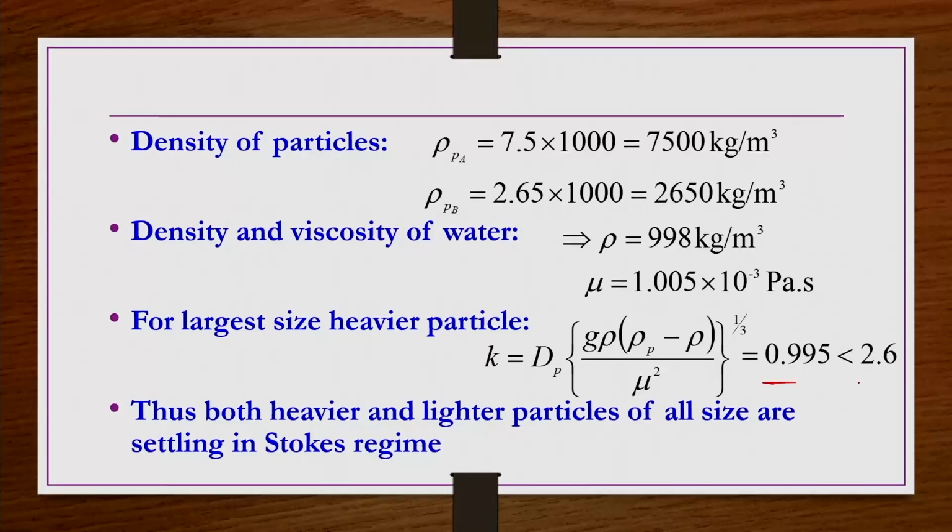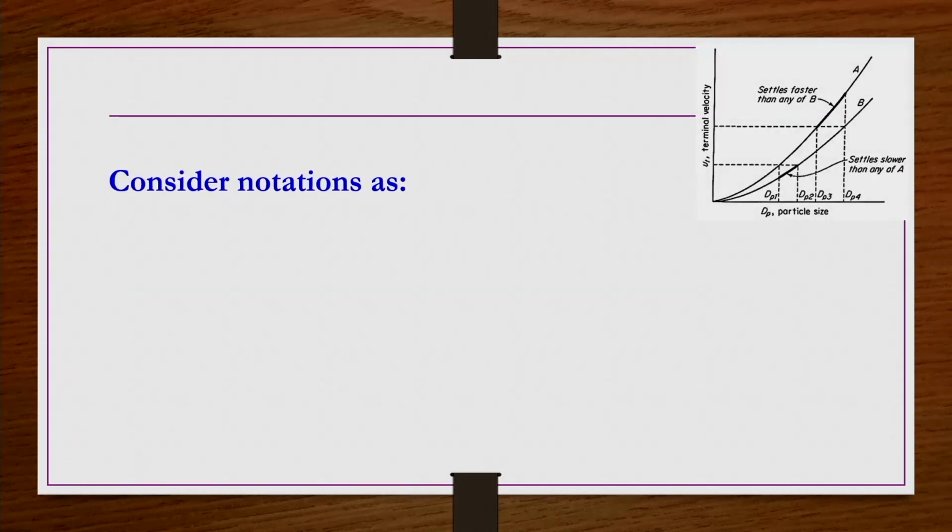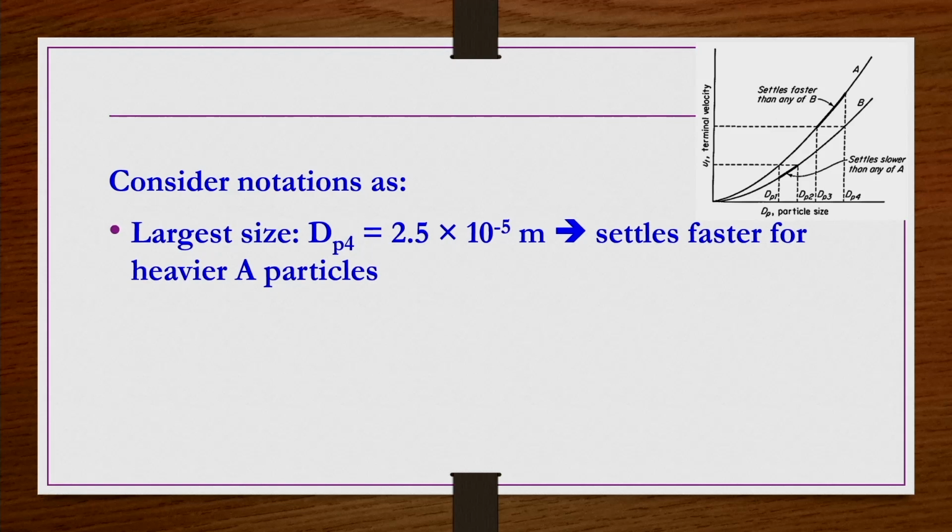Then all the material, both heavier as well as lighter particles, will settle under the Stokes regime only, because their size range and density are such that their combination will always provide a K value less than 2.6.